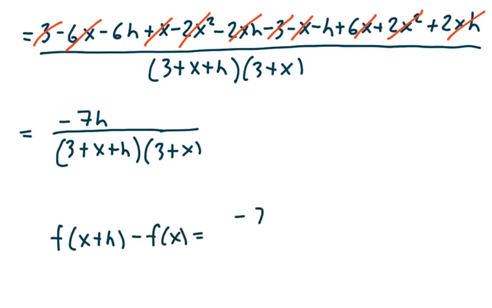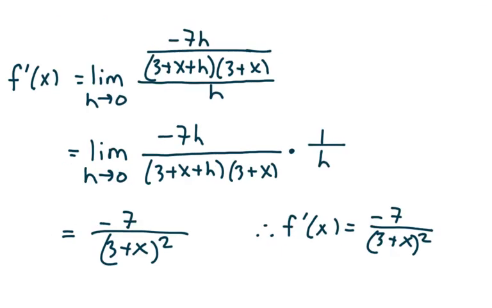It's negative 7h divided by 3 plus x plus h times 3 plus x, like so. So f prime of x is the limit as h goes to 0 of negative 7h over 3 plus x plus h times 3 plus x, all divided by h.